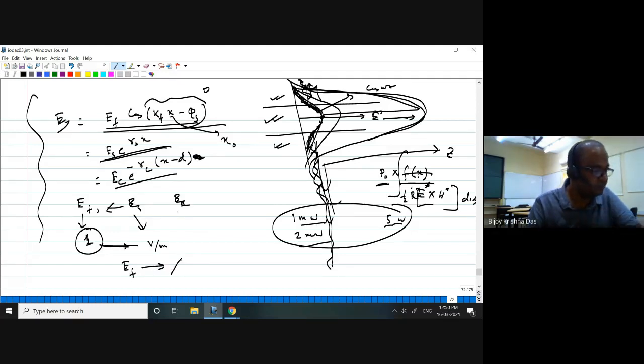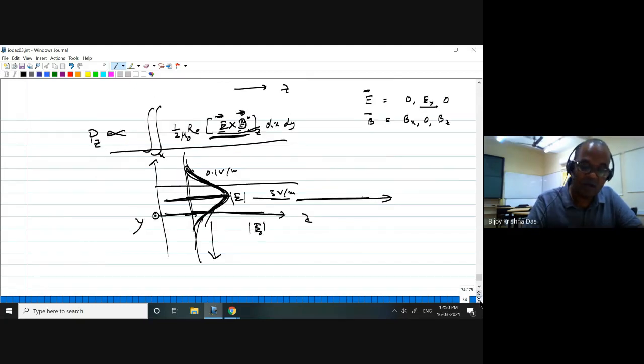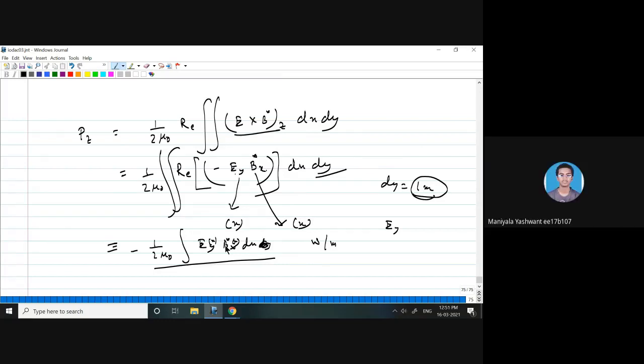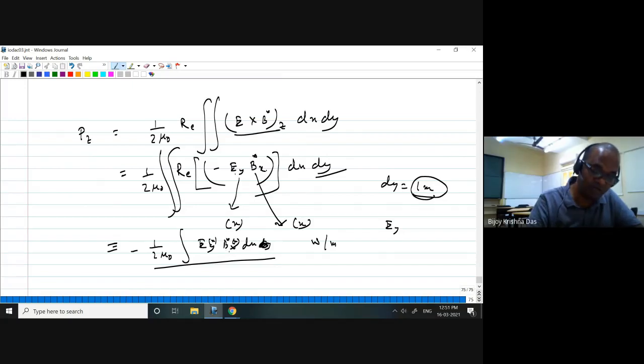Since BX is also x dependent, how to find BX? We have discussed earlier that from Maxwell's equation you get a relationship between EY and BX star.